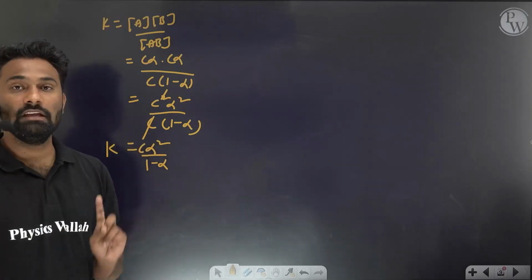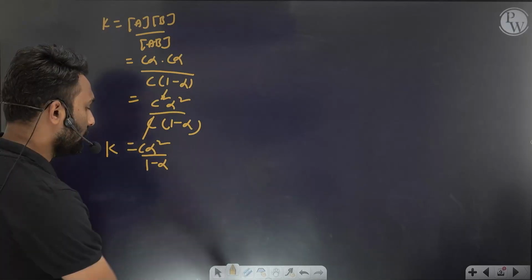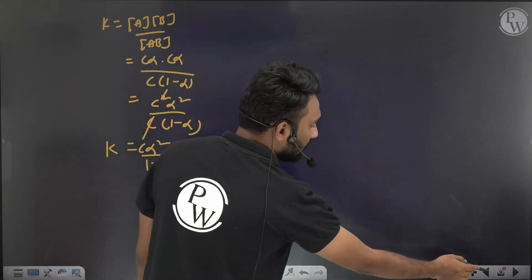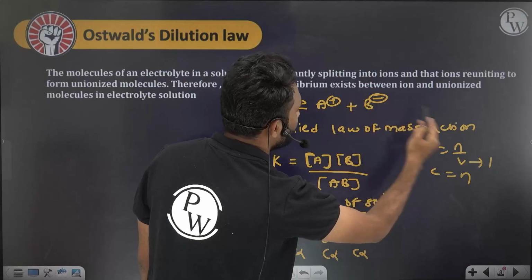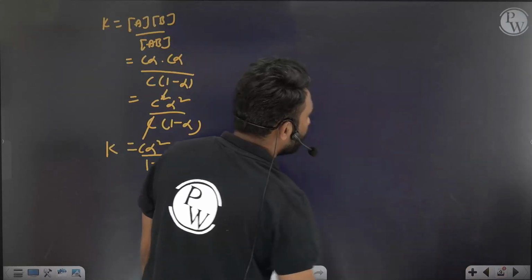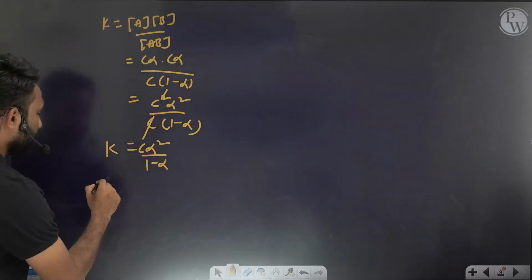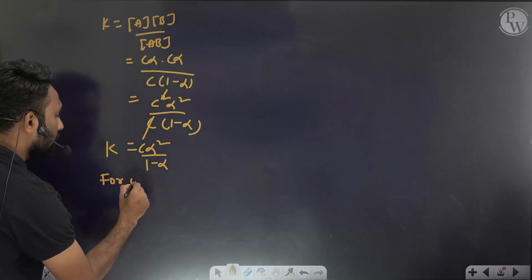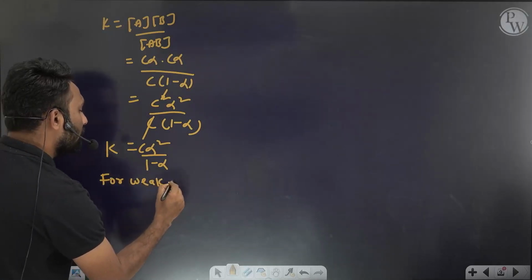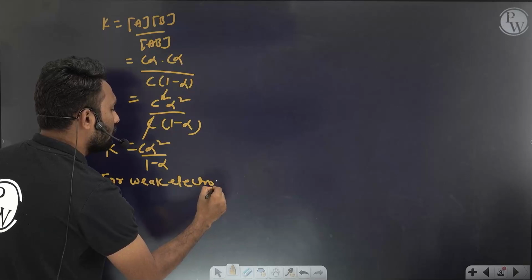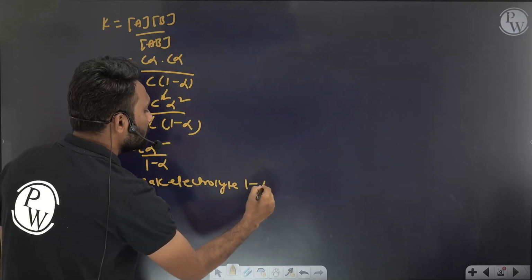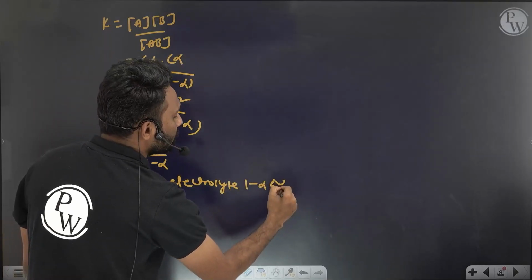Now for a weak electrolyte, whatever we have taken is a weak electrolyte, 1 minus alpha tends to 1.